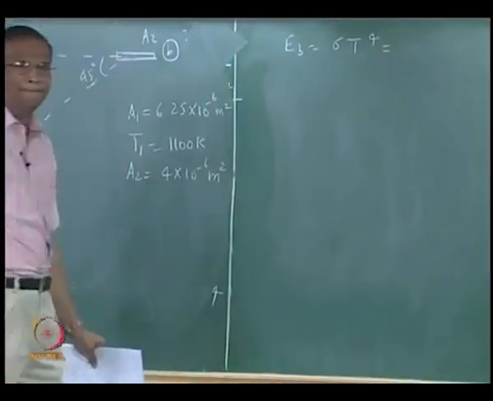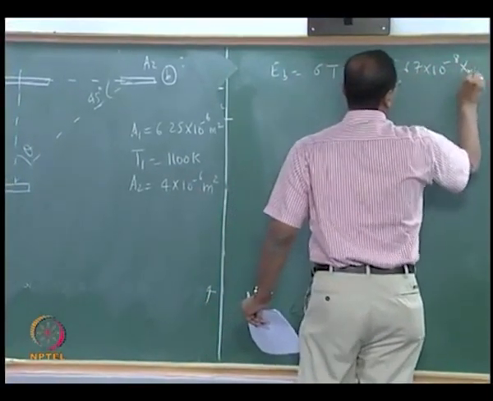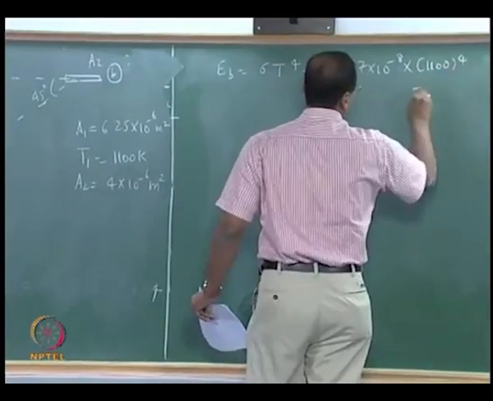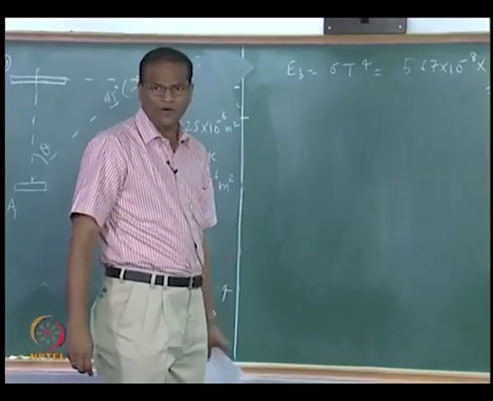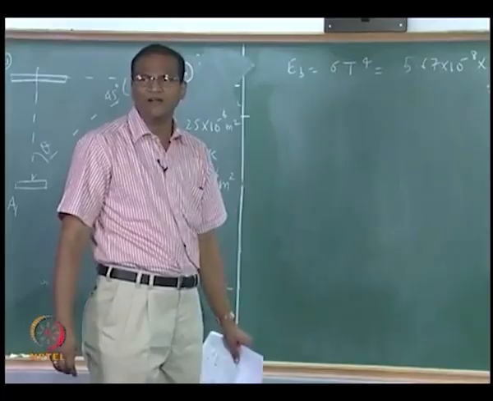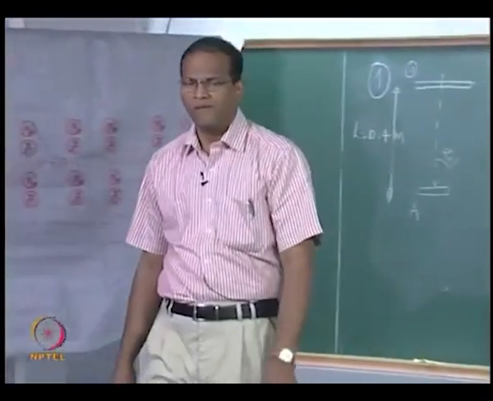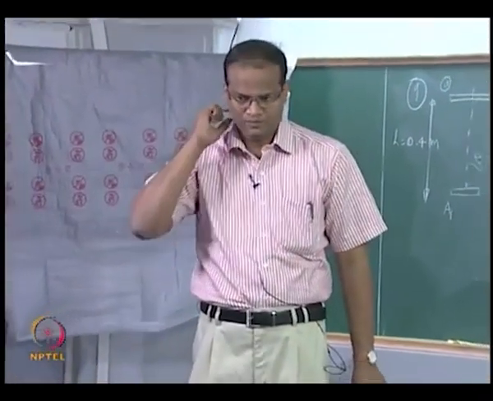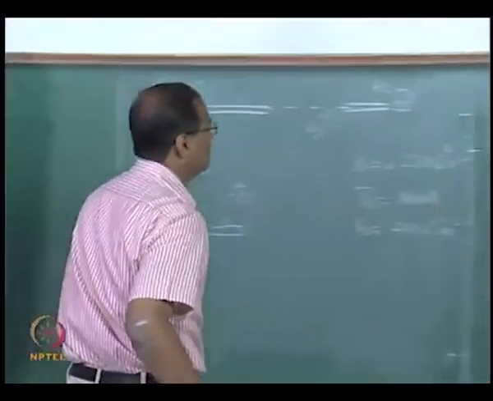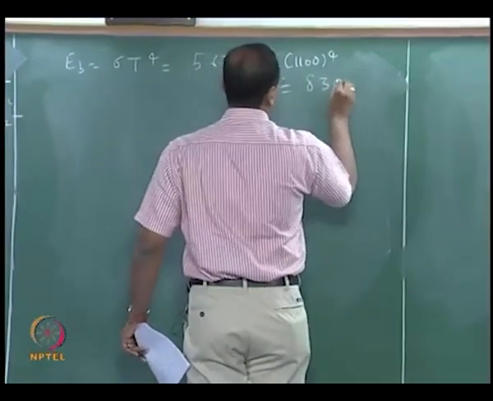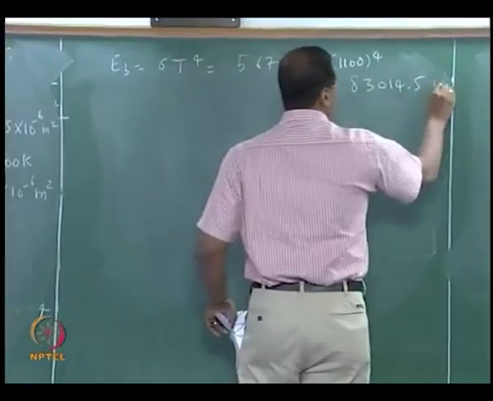So what is EB? 83,000, 14.5... please tell me. 0.5 watt per meter square, correct.